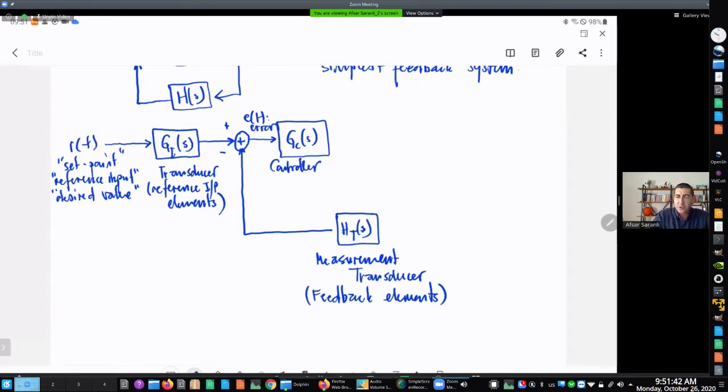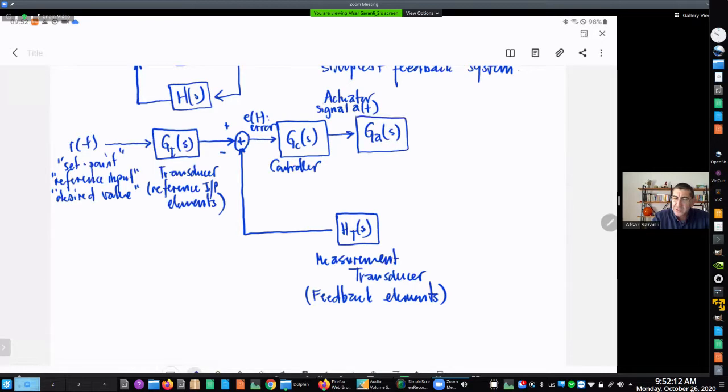So a controller is a system that transforms the result of the comparison, often an error signal, into something called an actuation signal, actuator signal. Okay? Let's call this A of t. This A of t goes through the actuator model.